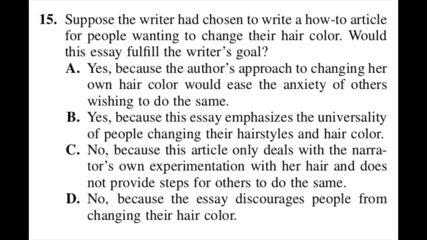Although D is certainly a possibility, for me at least when I read this, it's pretty clear that answer C would be the strongest for supporting why the text would not fit into the purpose of a how-to article, namely because in a how-to article, I'm going to expect there to be certain steps that we typically see in these types of articles. And sure enough, in this case, we don't have those steps, and indeed the answer is C.